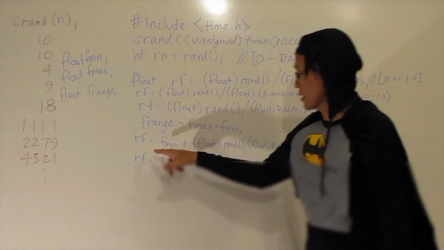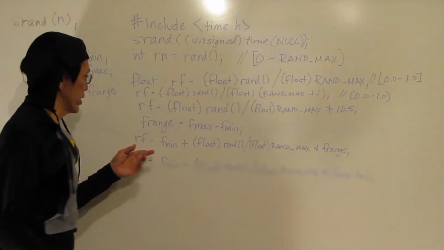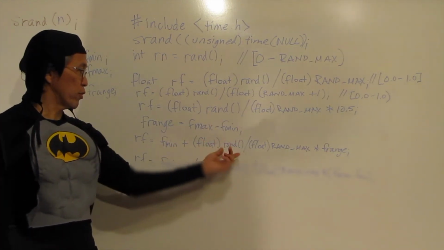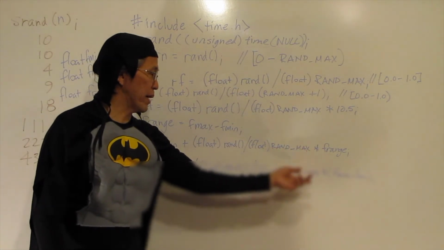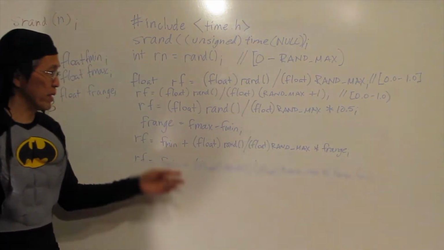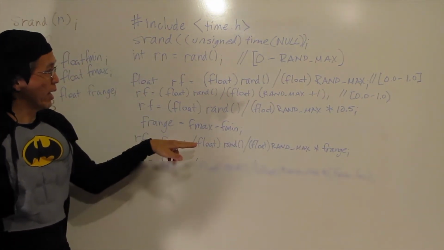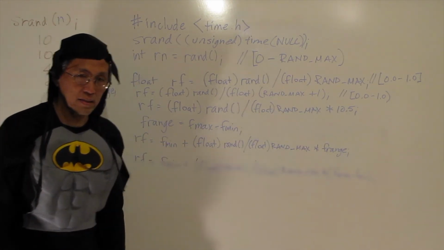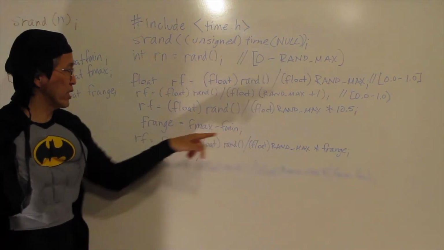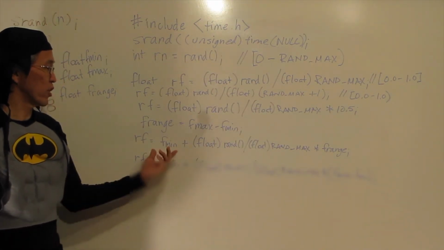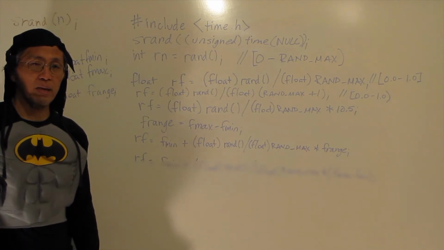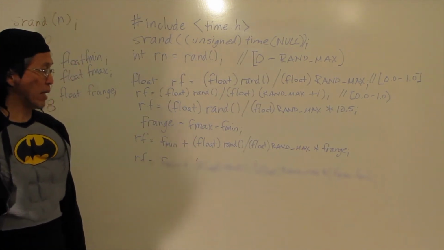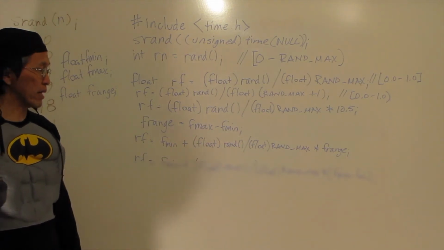And then what I'm going to do is this. rf is f min plus float rand divided by float rand max times f range, and that will give me numbers between f min and f max. Because we know that f range is f max minus f min. This will give me numbers between f max and f min, but inclusive of f max.